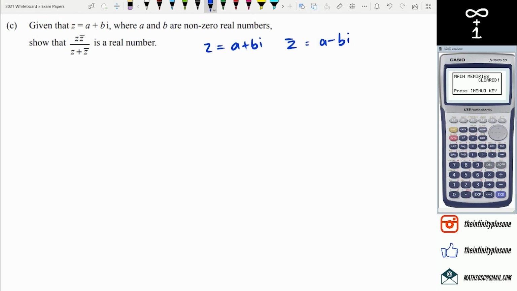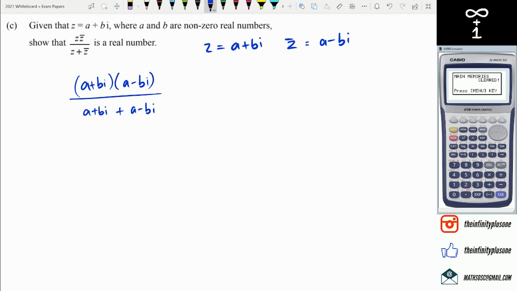So we're just going to show that this is a real number, right? So we're going to go a plus bi multiplied by a minus bi over a plus bi plus a minus bi. So as you guys can see, all I've really done is just substitute z and the conjugate of z, that's all.